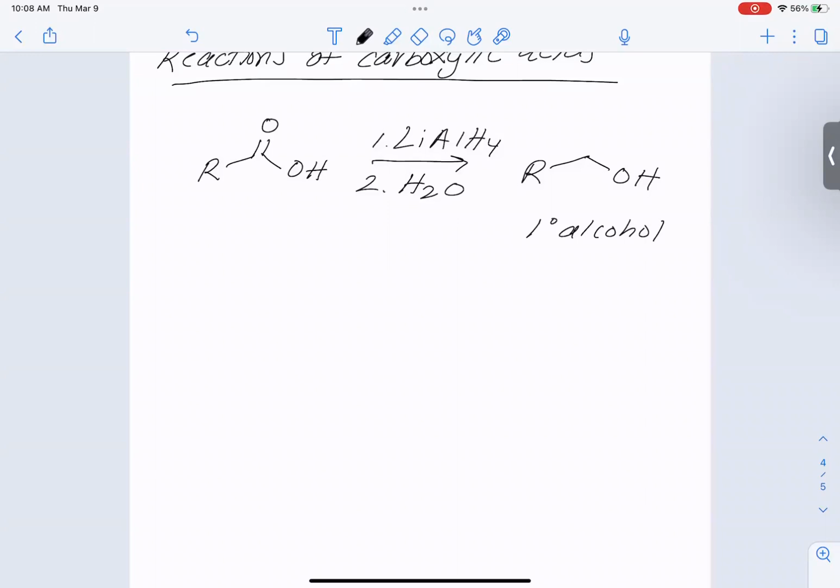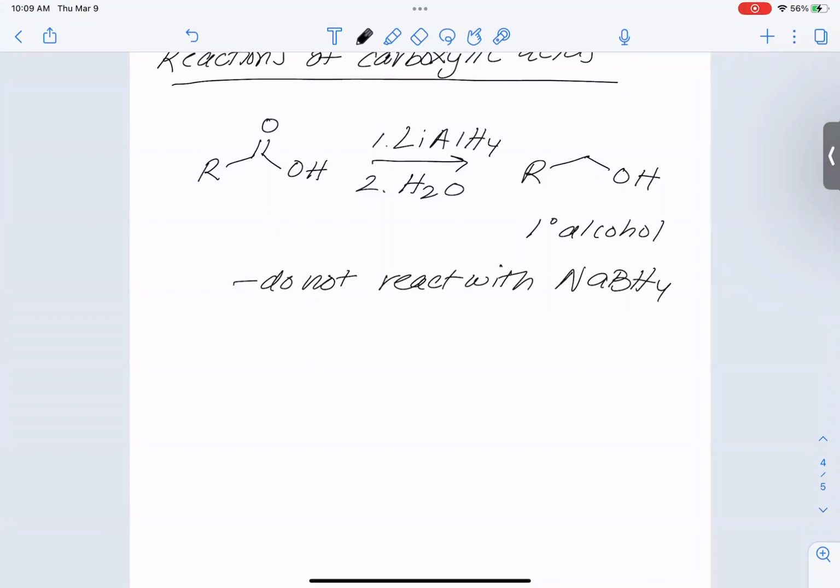All right. So carboxylic acids will react with lithium aluminum hydride. In the second step, you have to add water. They do not react with sodium borohydride. Okay.